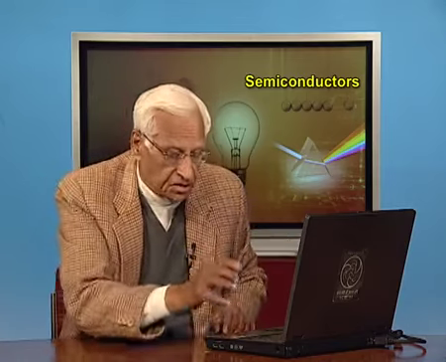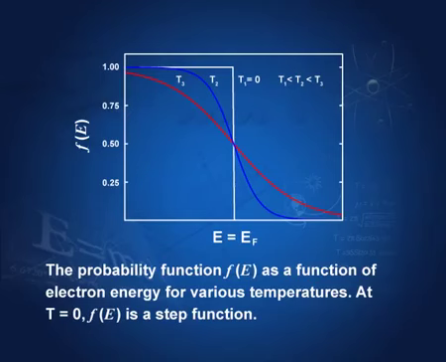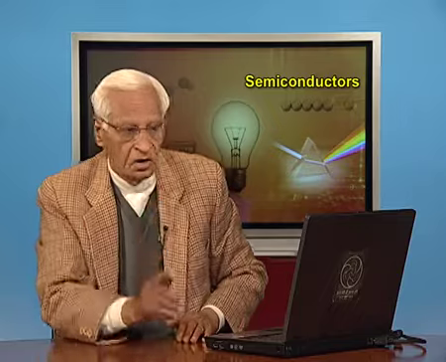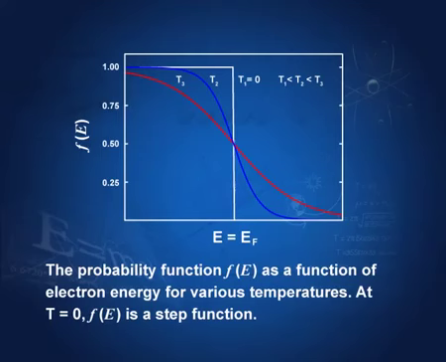So, at T equal to 0, when E is slightly larger than E f, F e is 0, and when E is slightly less than E f, F e is equal to 1. This is the Fermi-Dirac distribution at T equal to 0. That means all energy states are full up to E f, and beyond that at T equal to 0, no state is occupied.